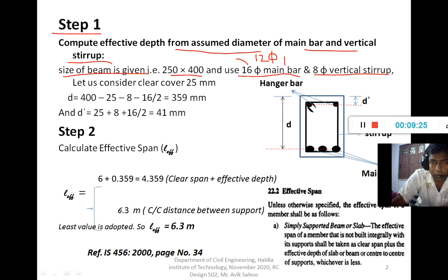So that's why we assume that the main bar diameter is 16 mm, and also the diameter of the stirrup, that is also standard 8 mm is considered, but as per code minimum dia you may consider 6 mm. Okay, so here we consider 8 mm, that is standard.